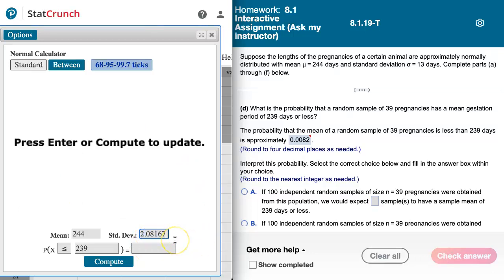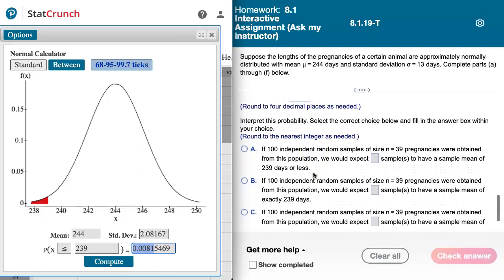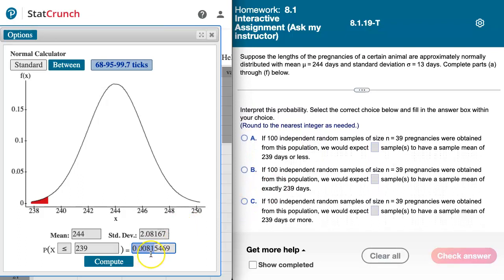Round that last digit up to follow my rounding rules, and then click compute. And here it is. And if I round that to the 4th digit behind the decimal, I get this same probability here. And then again, just like the other problems, I'd want to take that value, multiply it by 100 in order to finish answering this next part about interpreting the probability.